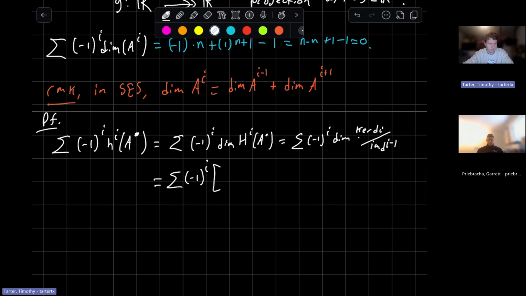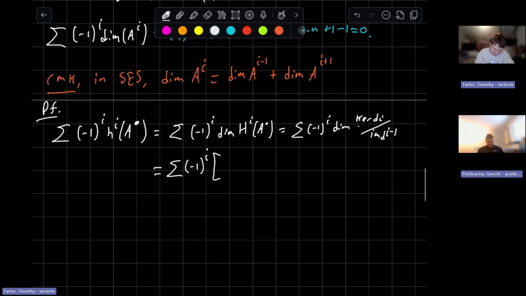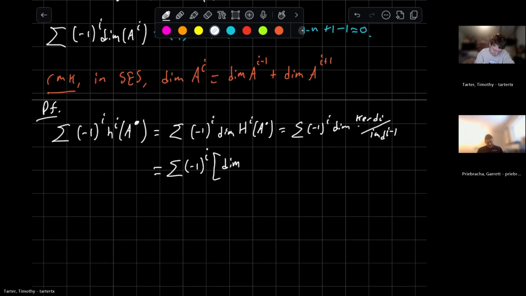Yes, it is. I am so smart. Dim kernel d_i minus dim image d_(i-1).